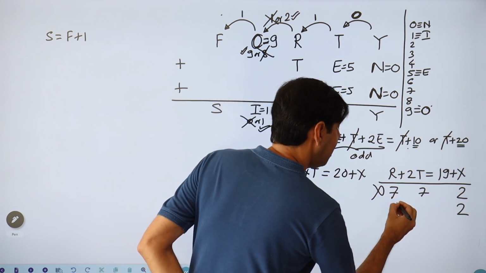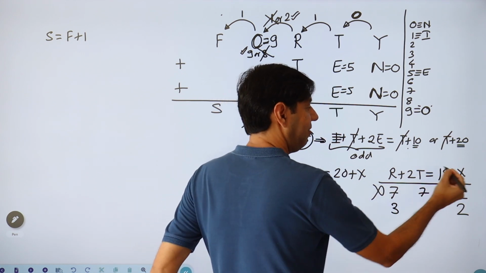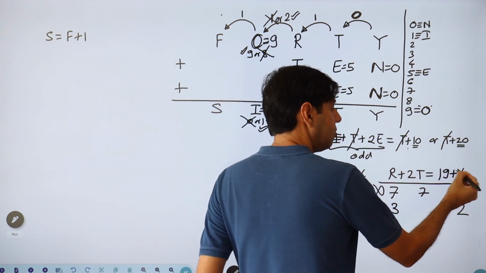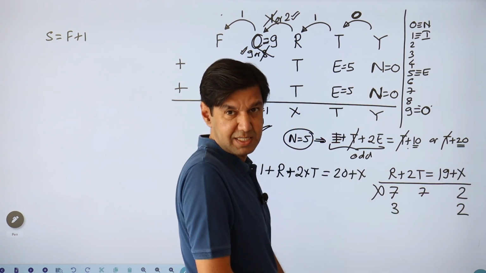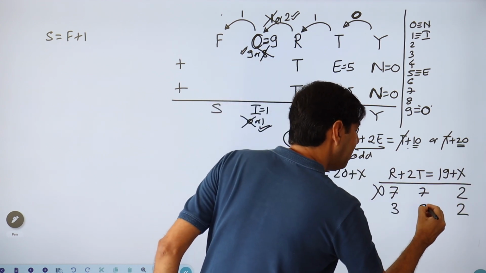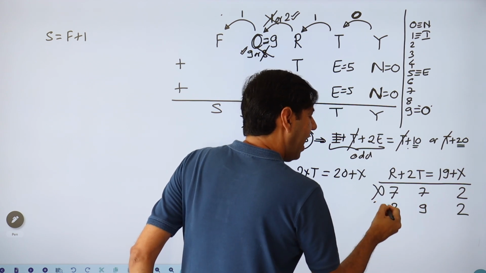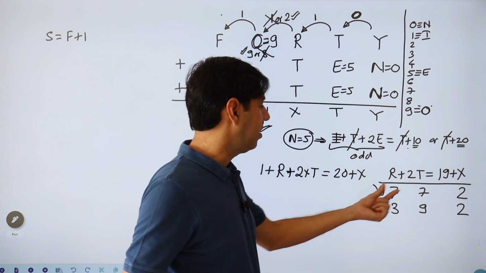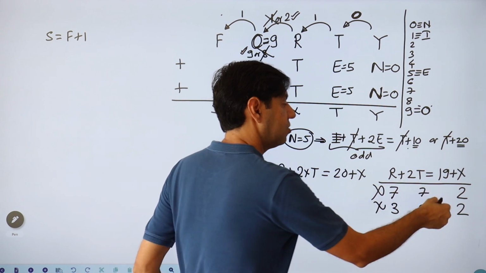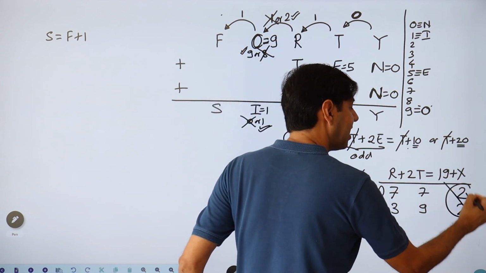Could it be a 3? Oh, it could be a 3. Finally, I'm reaching somewhere. So this is 21. 21 minus 3 is 18. So T will end up with a 9. Oh, a 9 is also taken. And you can't take this as 1 because that will give you higher values for this. So basically, you realize that X can't be 2.